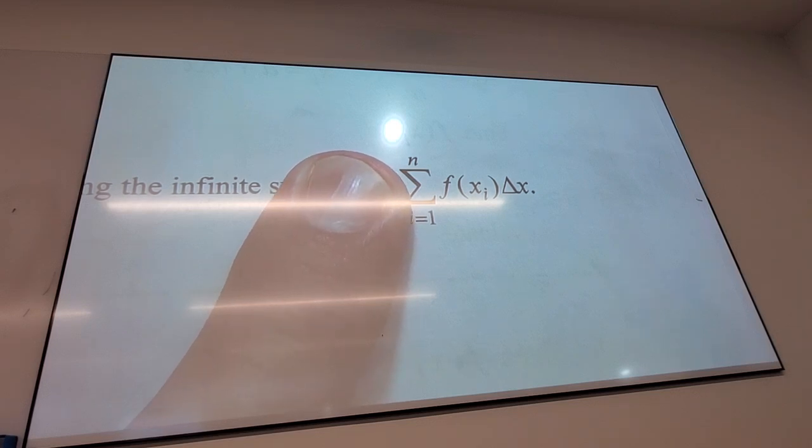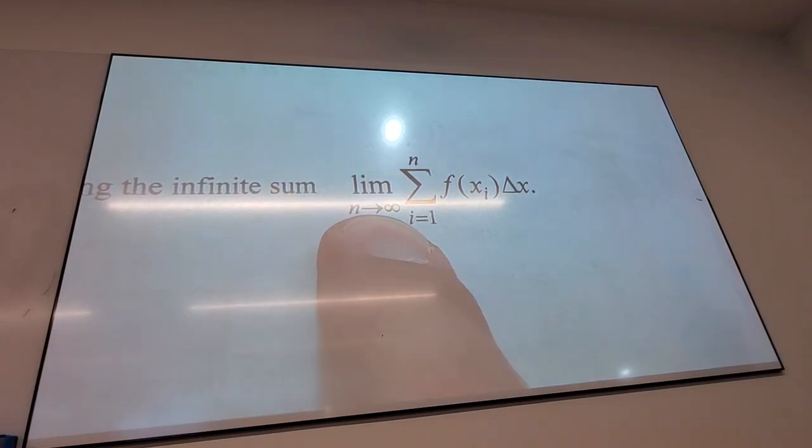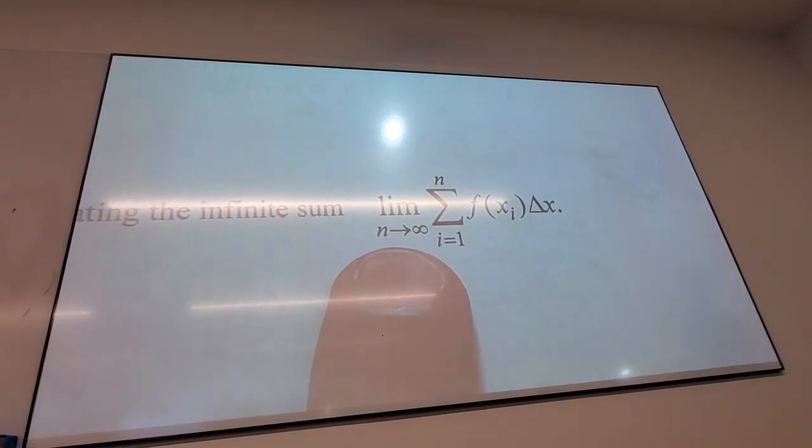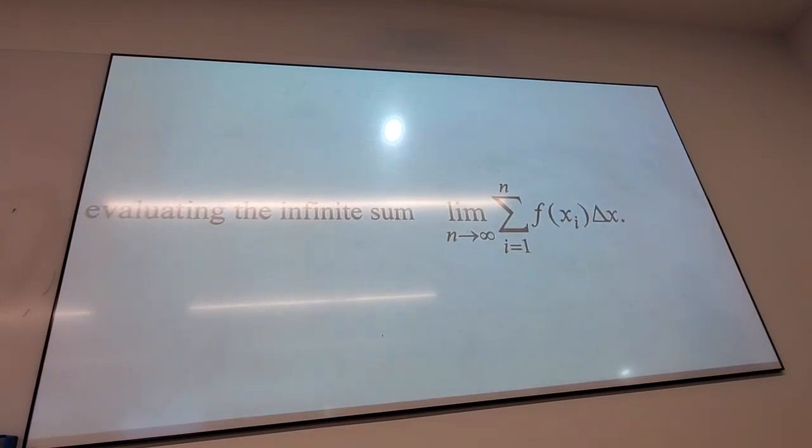But the smaller those rectangles become, the better they fill it in. So if I let the number of rectangles go to infinity, I'm going to have a perfect answer. And we know about limits. We've done a lot of limits, and some of you were hoping they were gone, but they keep coming back because they're so useful.